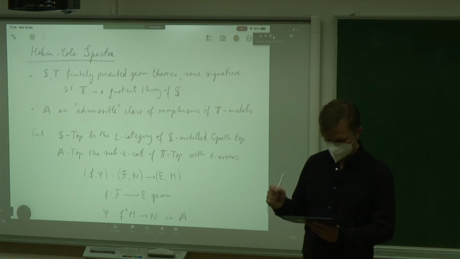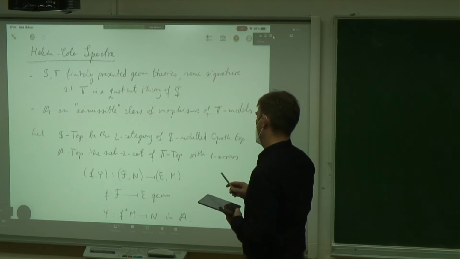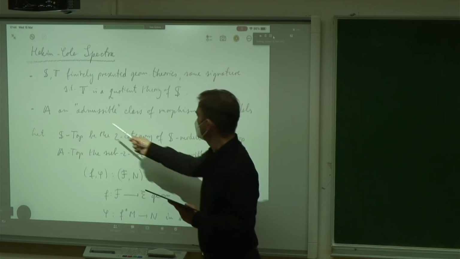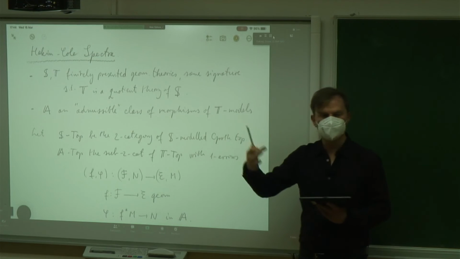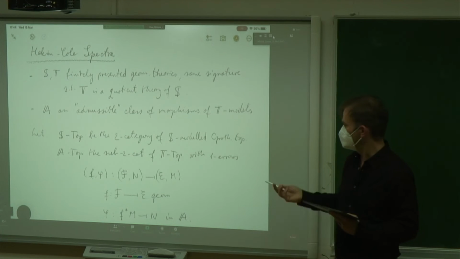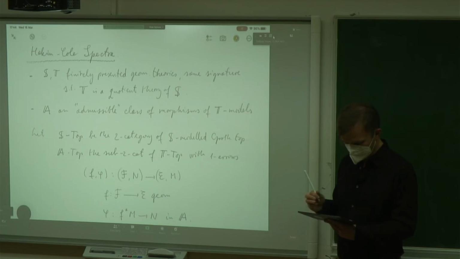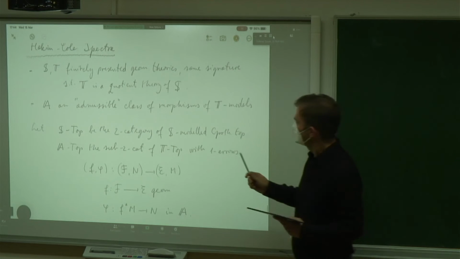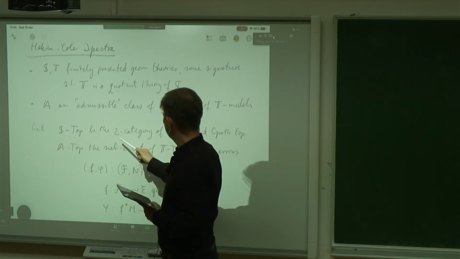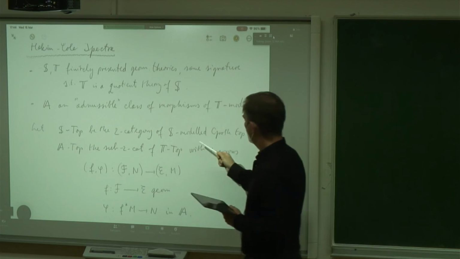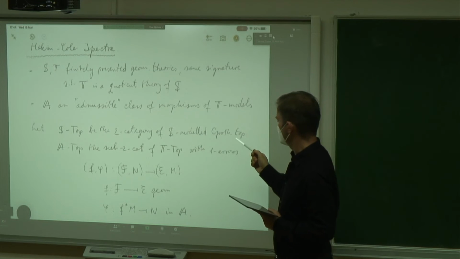Okay, it's supposed to be an admissible class and have a certain list of nice properties in order for you to be able to do this. S-Top is going to be the 2-category of S-modeled Grothendieck toposes.